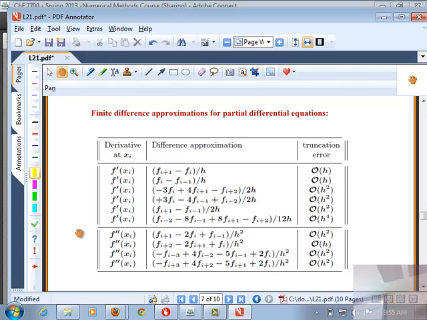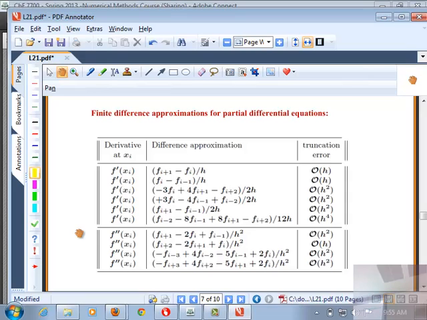So this table is the one we need, to replace every derivative in a partial differential equation with a corresponding finite difference approximation. It could be time, it could be more than one space dimension, but the basic idea is, if I have a first derivative, I can approximate it by any one of these approximations. The most common one would be the central difference in the center, and forward and backward differences at the edges.